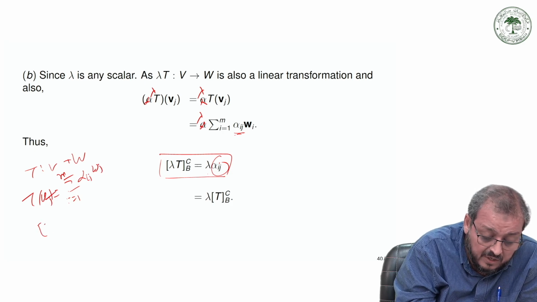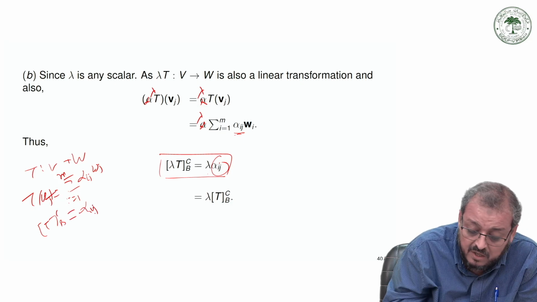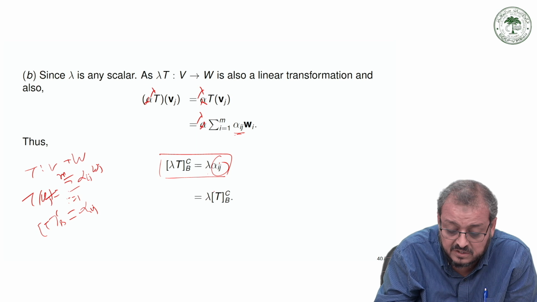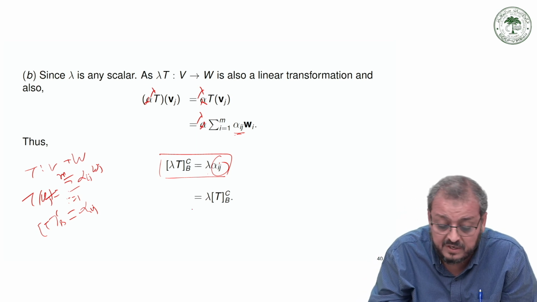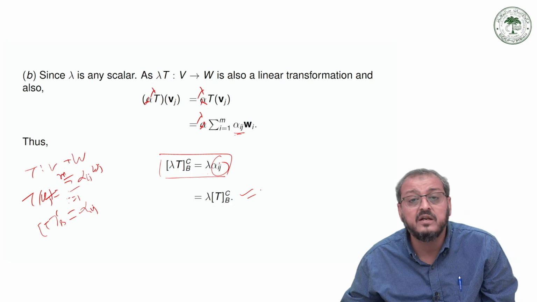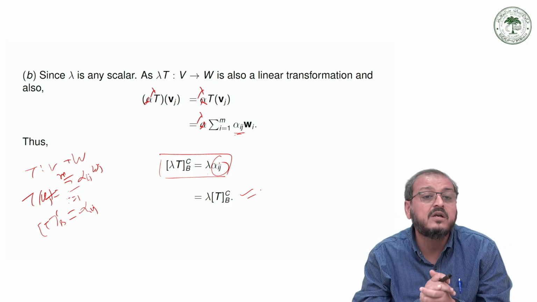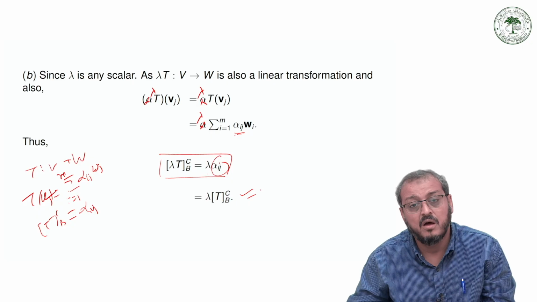Then we can say that the matrix of T with respect to B and C can be written as alpha ij. So substituting the value for alpha ij, finally we get this. So we can say clearly that the transformation has this form. Okay, now this completes the proof of these two properties.